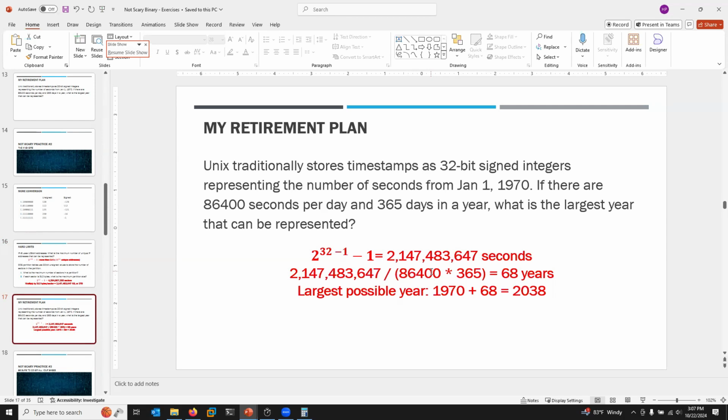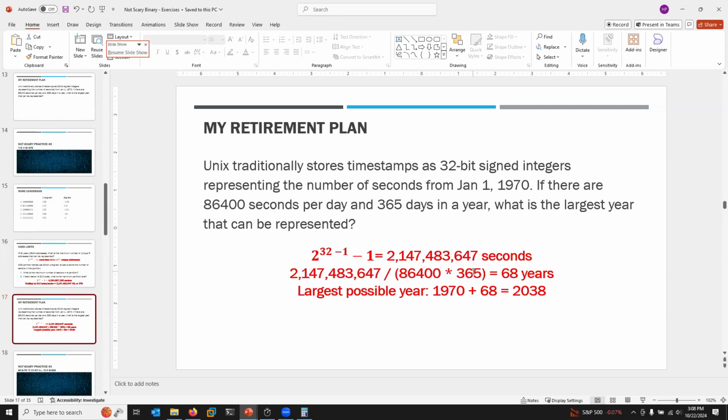86,400 seconds per day times 365 days per year. I'm ignoring leap years, leap seconds, and all of that stuff. We're just doing quick back of the envelope calculations. When you divide the maximum possible seconds value by this number, you get a maximum of 68 years. Ignore the rounding error.